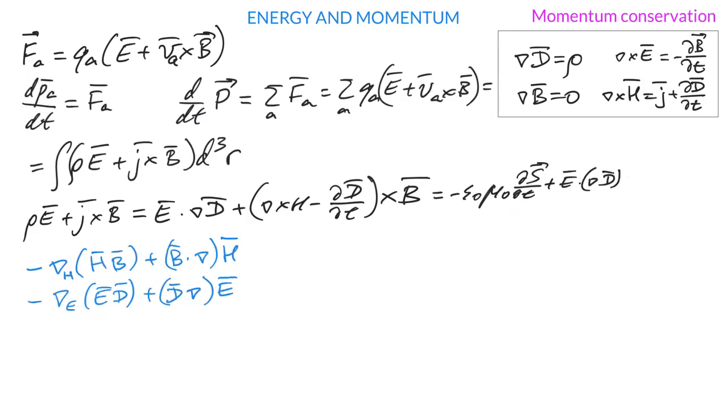Let's now rearrange a little further. We'll take E del dot D and add it here. And then on top of this, we'll add to the term with magnetic fields a term plus H del dot B. That looks the same way as E del dot D, but it's always 0 because del dot B is equal to 0 according to Maxwell's equations.